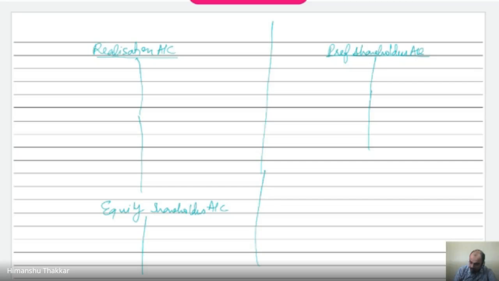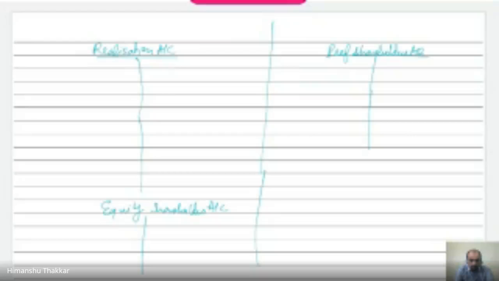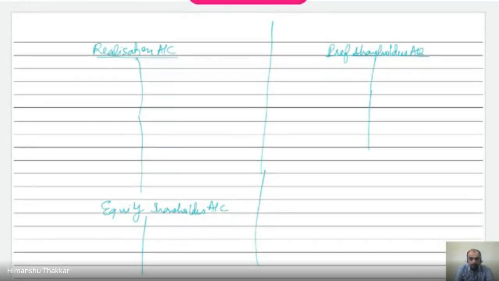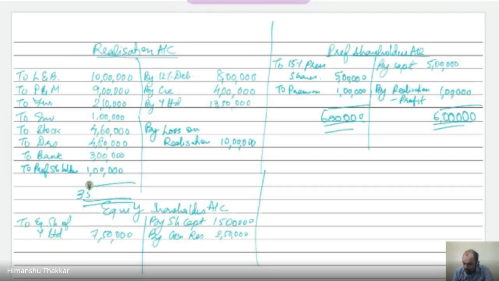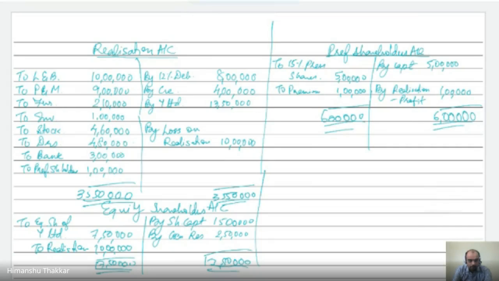Total 17 lakh 50,000, 17 lakh 50,000. I've written all the accounts on the Jamboard and you can see.